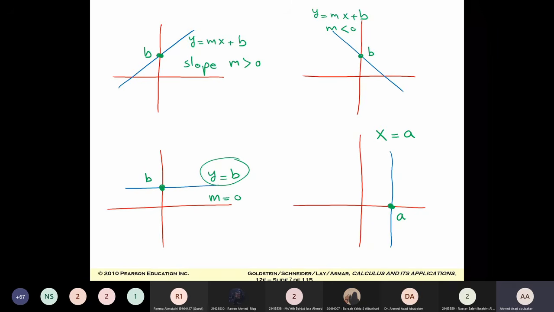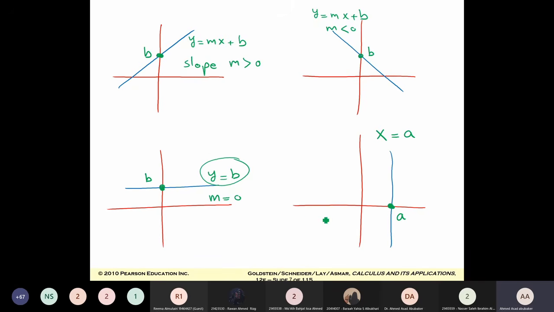What's the slope value in the fourth line, the vertical line? Okay. 0 if we have horizontal, but no slope. Good.